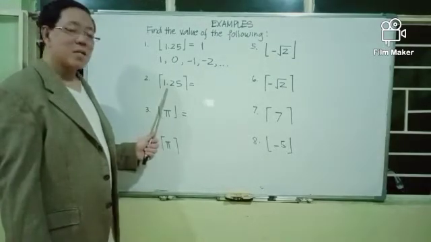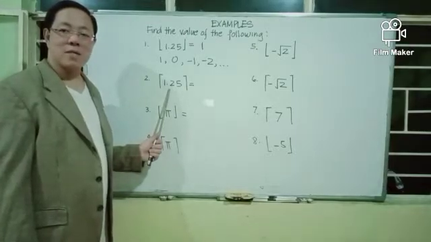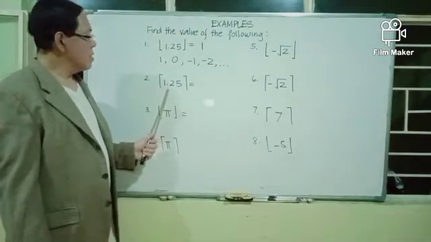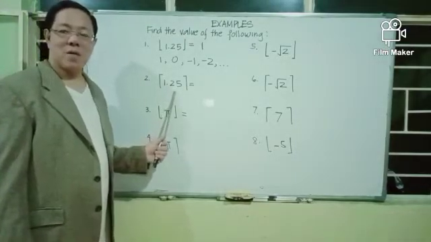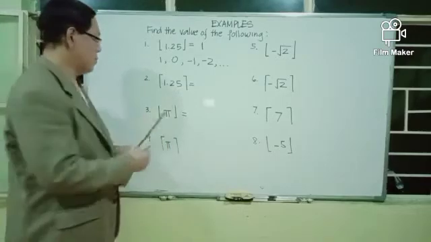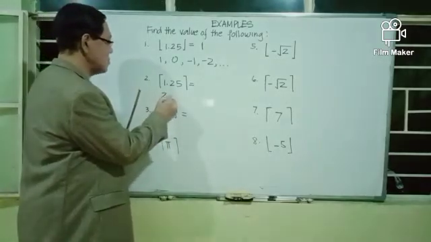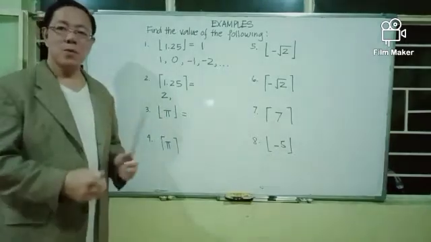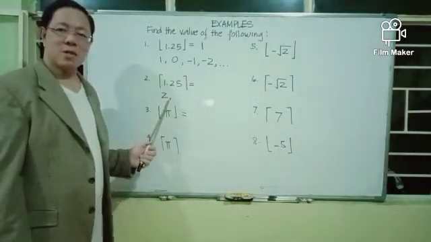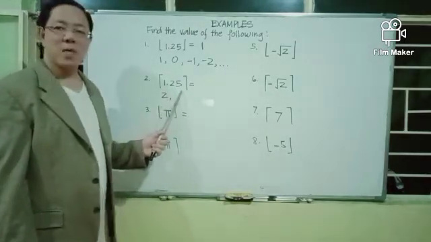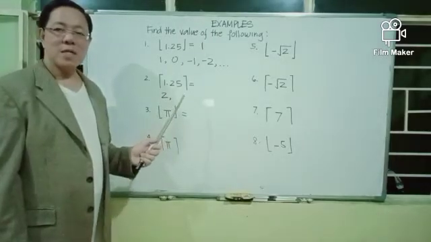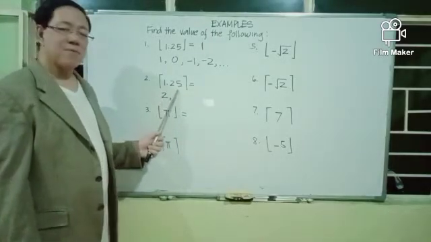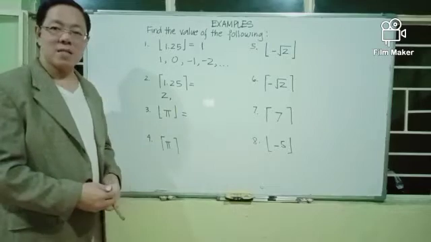And the integers that are greater than or equal to 1.25 are 2. 2 is a positive integer and 2 is greater than 1.25. Another integer greater than 1.25 is 3, positive 3.